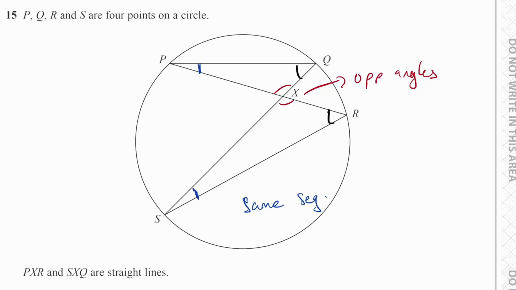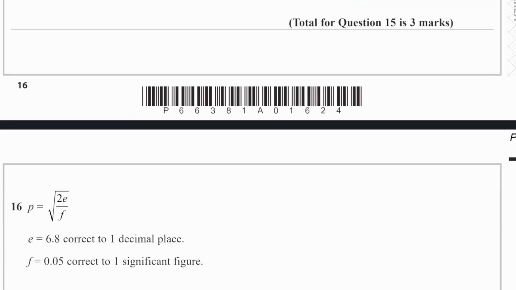Again, same reason, right? SRX and PQX are equal because they're angles in the same segment. Or alternatively, you could say angles in a triangle add up to 180 degrees. So if the first two angles are the same, that means the third angle is also the same. And for that reason, the triangles are similar. Okay, so that's what you'd say.